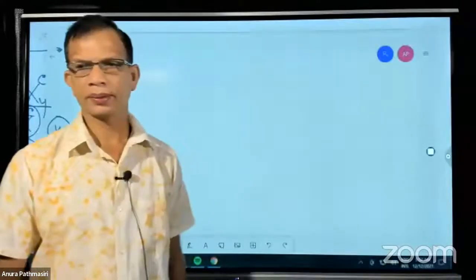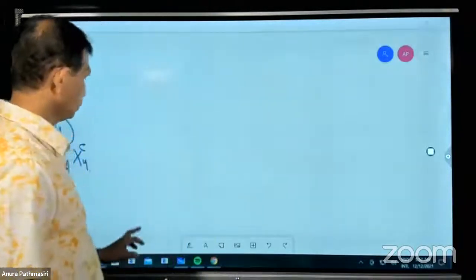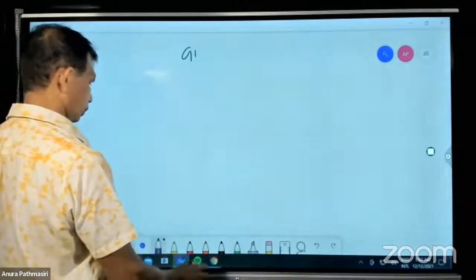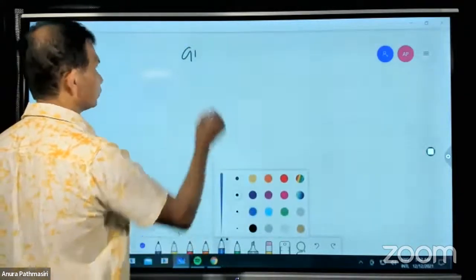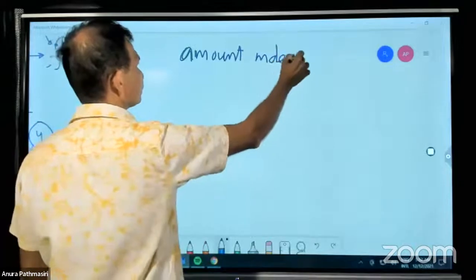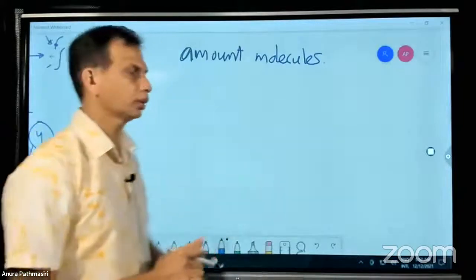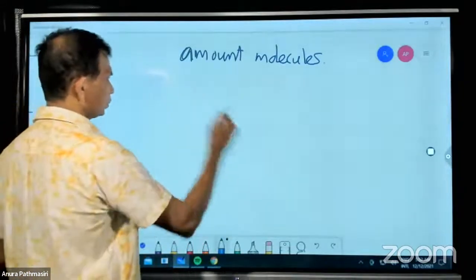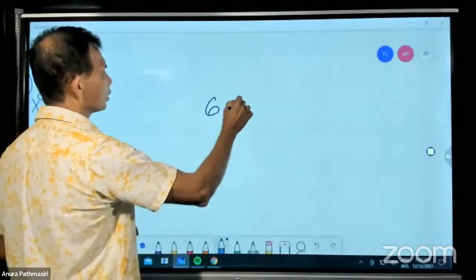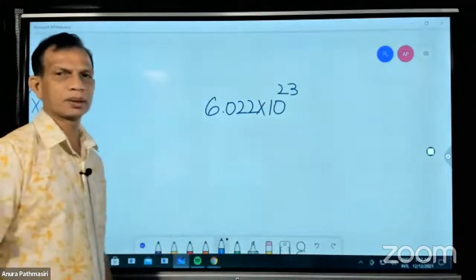Okay, it's something like this. When you want to calculate the amount of molecules, how are we going to calculate it? If you take Avogadro's explanation, 6.022 times 10 to the power 23, that's a fixed number.